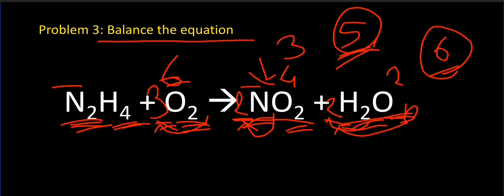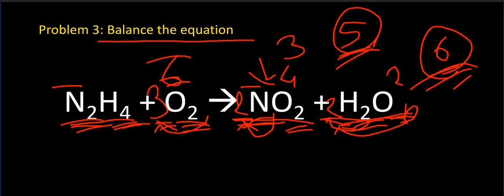We had 4 hydrogen atoms here, and here we have 4 hydrogen atoms too. We have 6 oxygen atoms here, and here we have 2 times 2, 4, plus 2 times 1, 2, 4 plus 2, 6 oxygen atoms on the product side too. That means all the numbers of atoms are now the same on each side. That means the equation is now balanced.